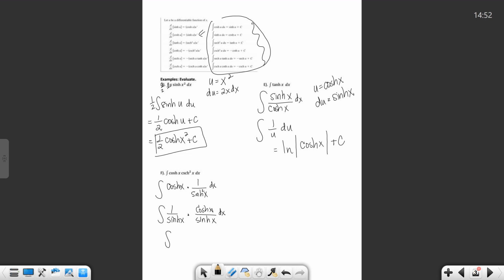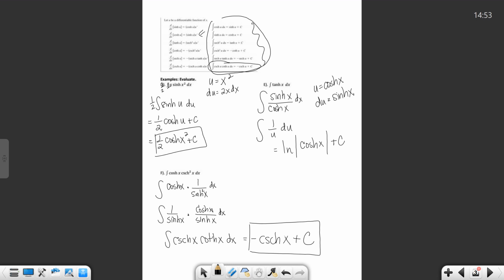So then that's the integral of the hyperbolic cosecant, and that is hyperbolic cotangent. And if you look, here it is right here, it's negative hyperbolic cosecant plus c.